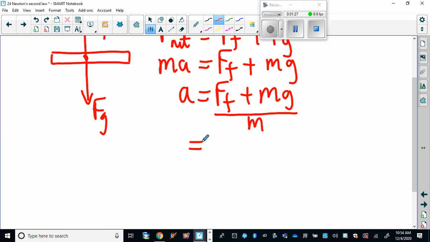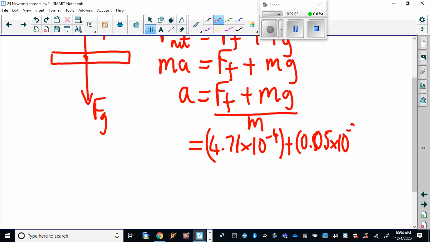The frictional force is 4.71 times 10 to the negative 4, plus the mass of the paper, which is 0.05 times 10 to the negative 3.